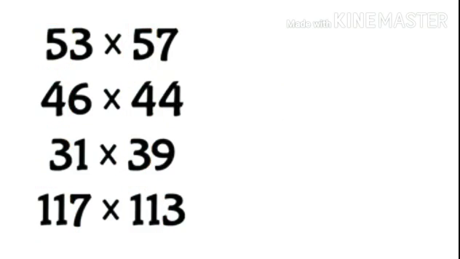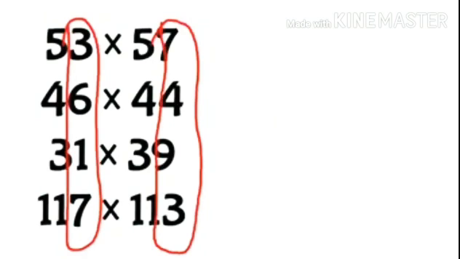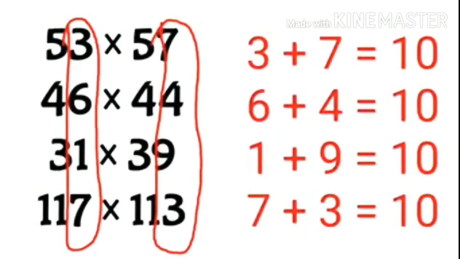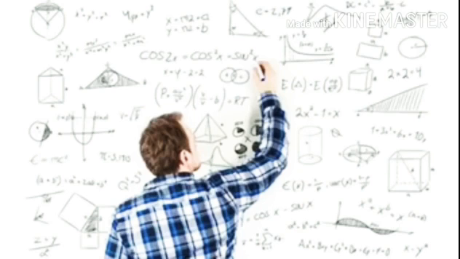The second condition is that the unit digits should always add up to 10. Like 6 plus 4 is equal to 10, 1 plus 9 is 10, 7 plus 3 is 10. When those two conditions are satisfied, this trick will work like magic.